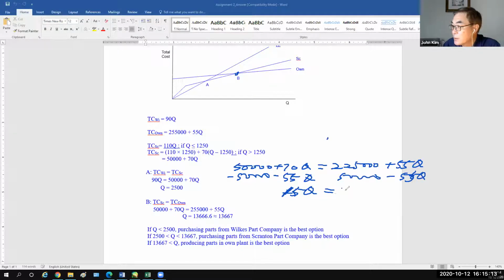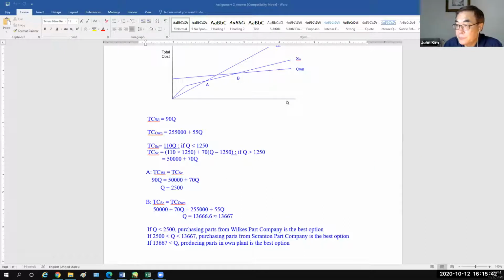So 175,000 divided by 15 on each side. Then Q equals 13,666.6, approximately 13,667. So points A and B.